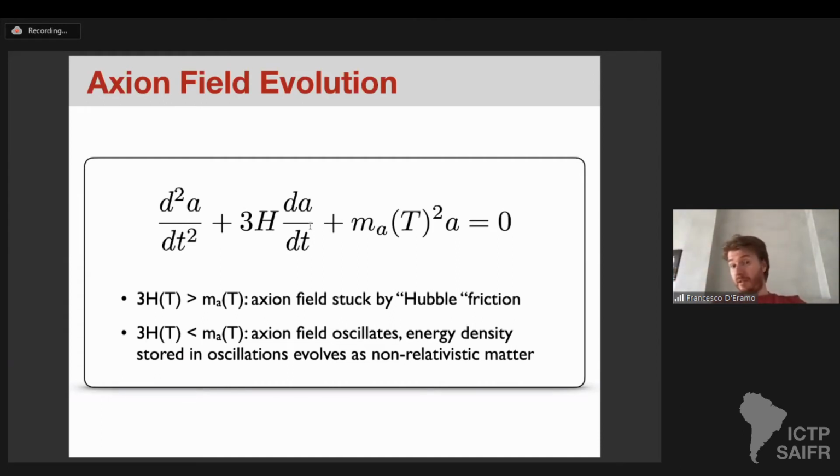But also this axion energy redshifts with the scale factor as a to the minus 3. So the energy density stored in this oscillation decreases with time as a to the minus 3. Okay? A to the minus 3 is the behavior that you expect from pressureless fluids, in particular cold dark matter. So the energy density in axion oscillations behaves as cold dark matter.